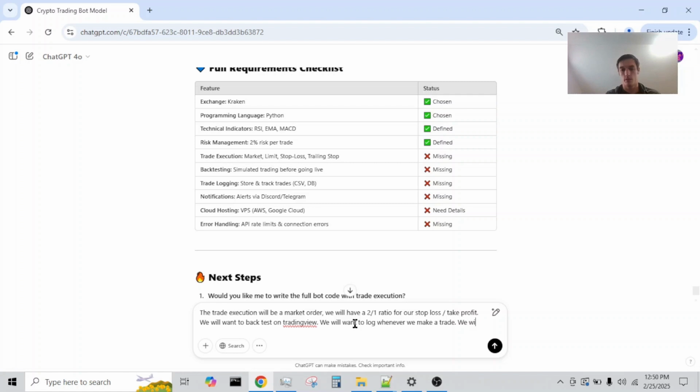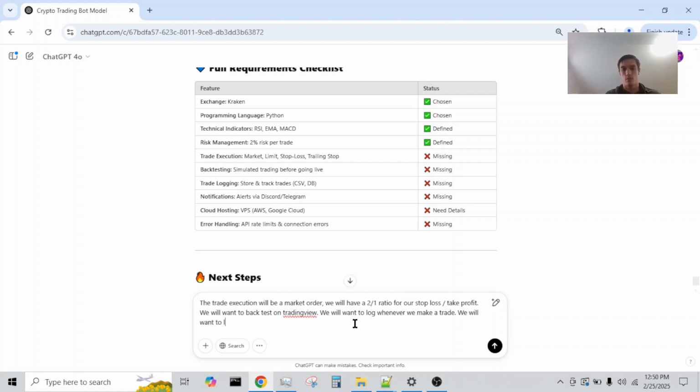We will log our successful API connections. Then we're going to have a few API connections, I'm sure, for historical data, market orders, and alerts.